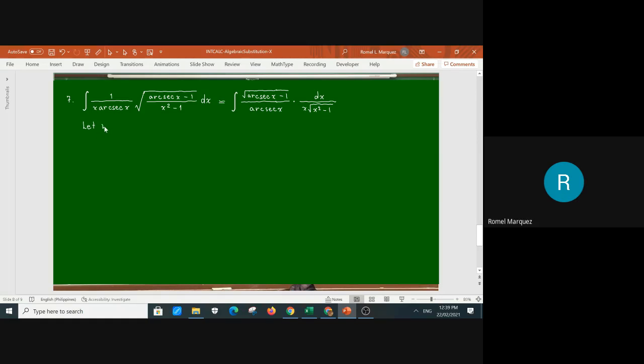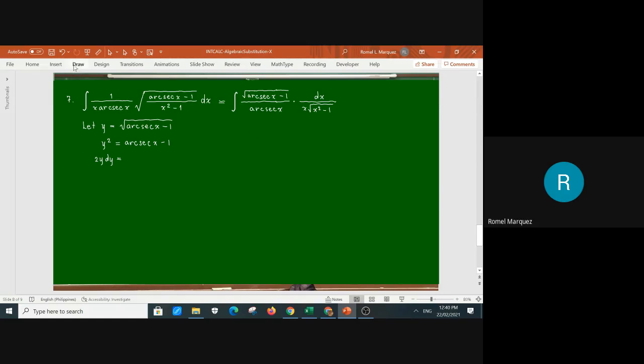So let y be equal to square root of arc secant x minus 1. Squaring each side, we get y squared equals arc secant of x minus 1. So let's get the differential. Getting 2y dy. On the right side, we have actually this one, no?